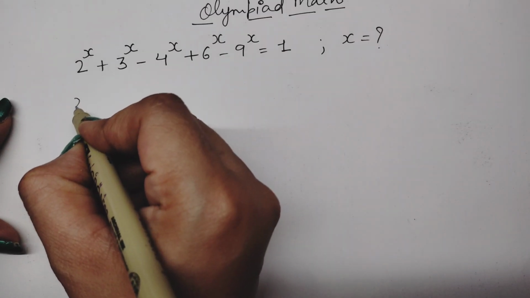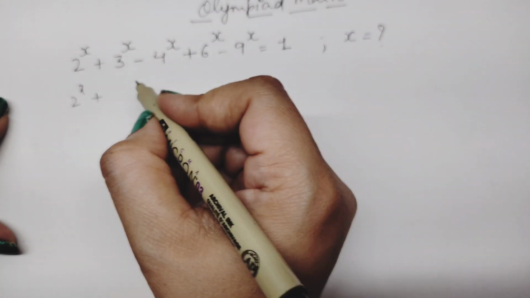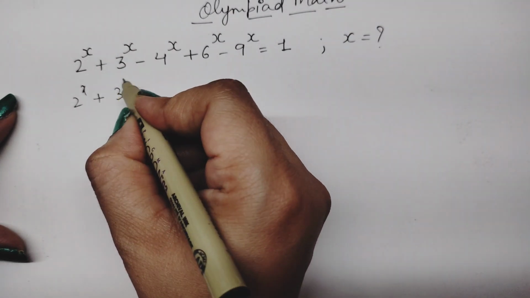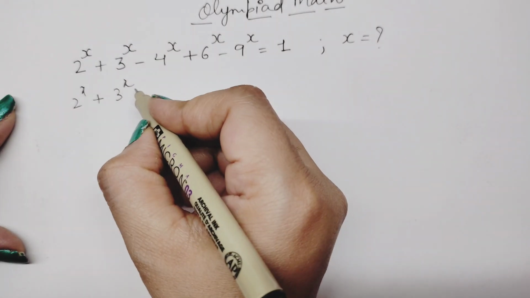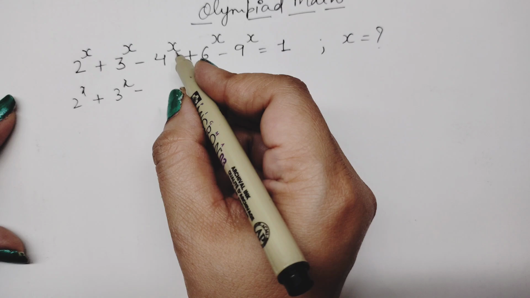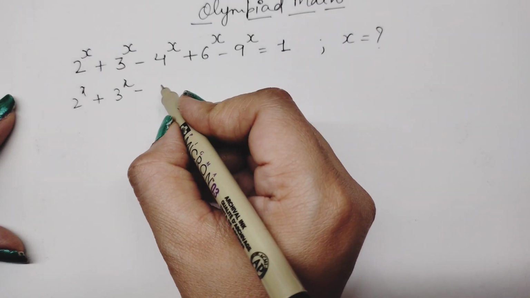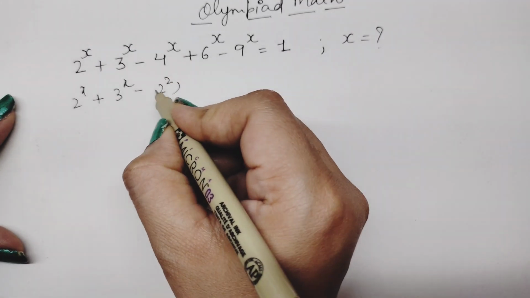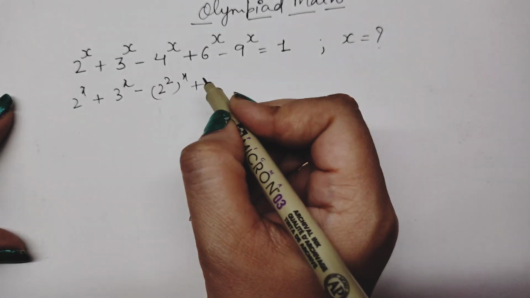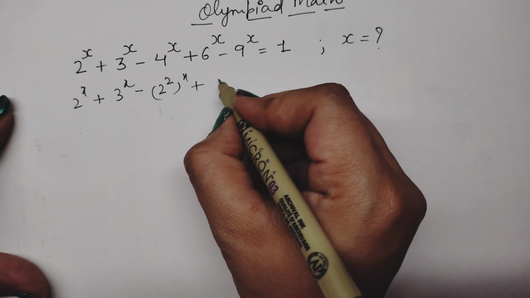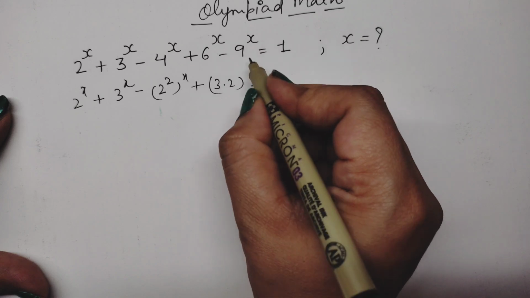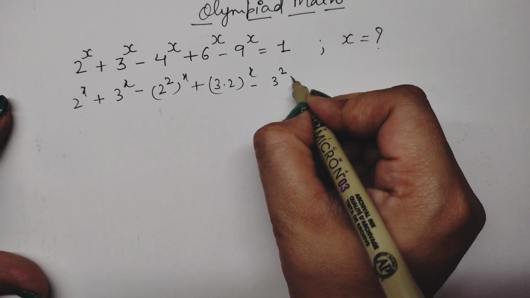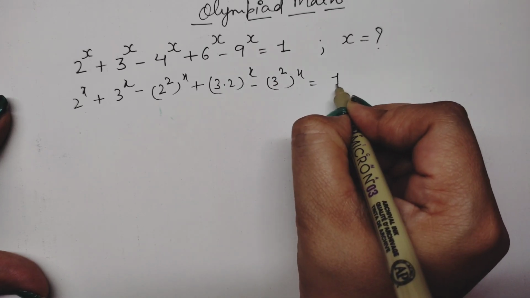First of all, 2 power x is as it is, and 3 power x is also as it is. And 4 raised to the power x, we'll write as 2 square power x. Plus 6, we can write as 3 into 2 in product form, and 9 is 3 square power x, equals to 1.